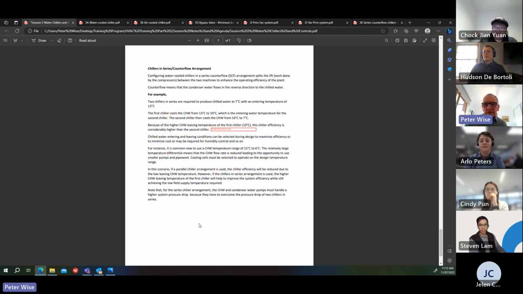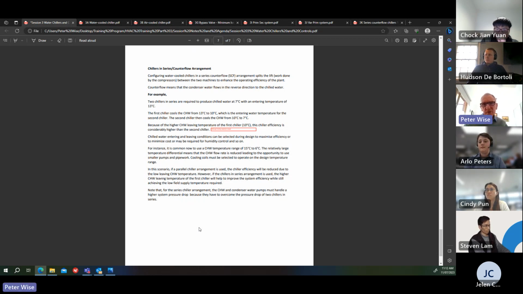Well, they can either be in line with each other, so one after the other, and you can have your pipe work going through one and then straight through the next one, or you can take the pipe work around. You can have them sitting side by side. It's just a matter of getting the flow of the water in a series arrangement.